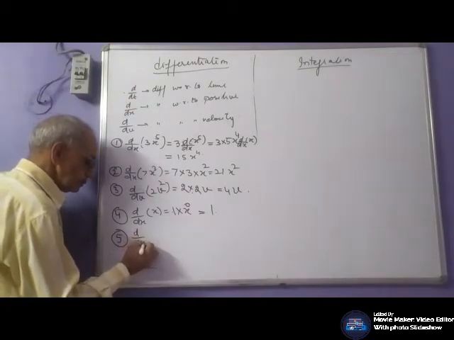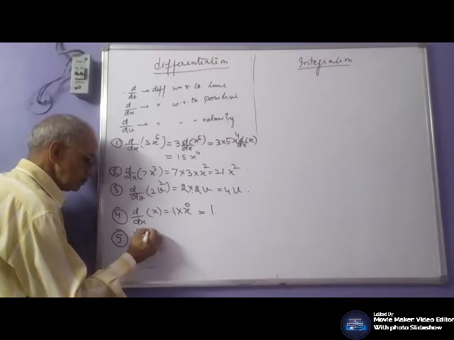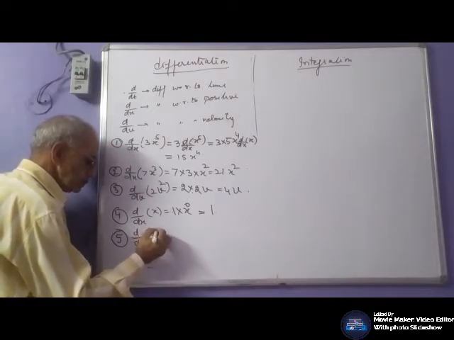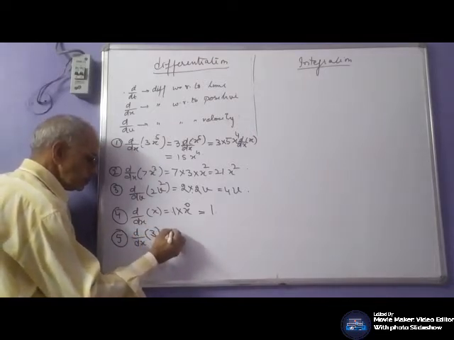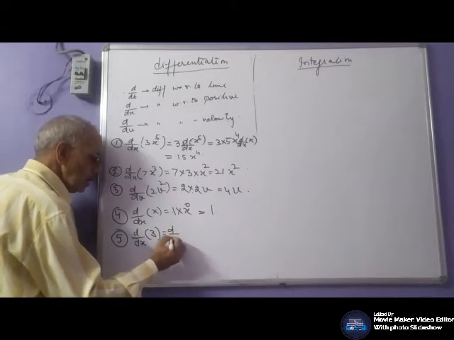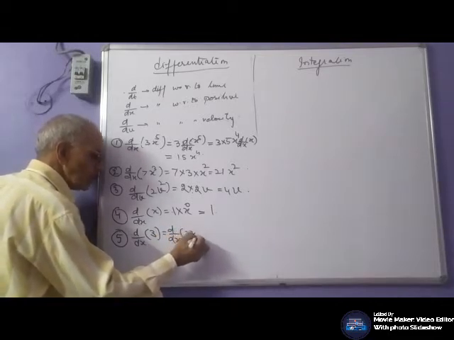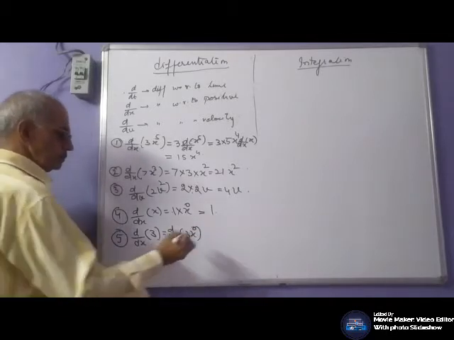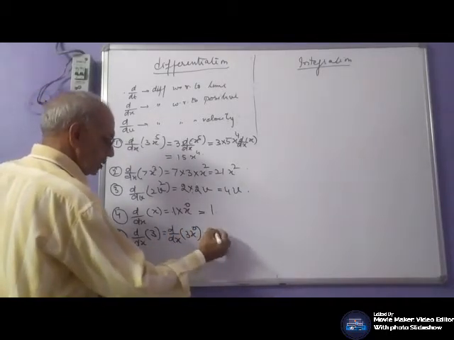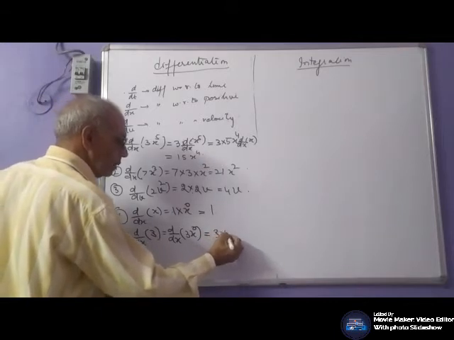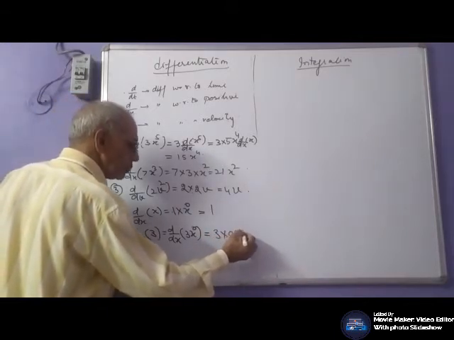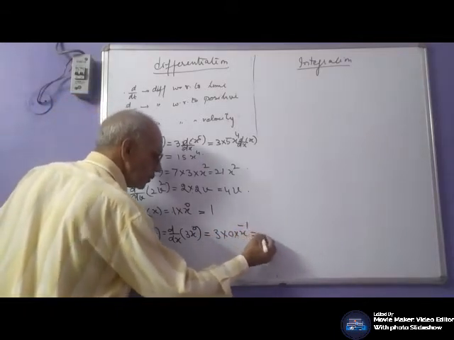d/dx of 3x naught, it is 3. Constant outside, take the power to the side, subtract 1 from the power.